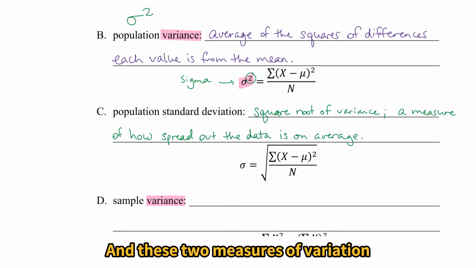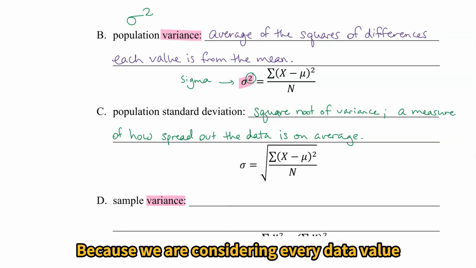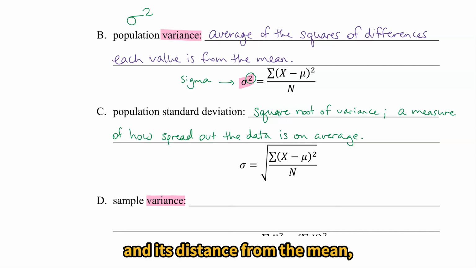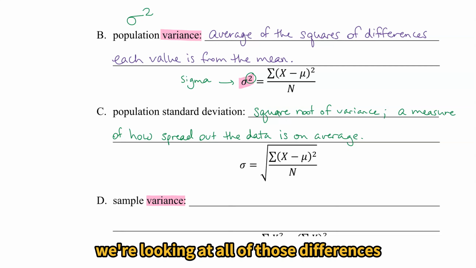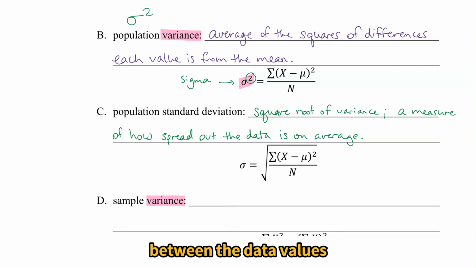And these 2 measures of variation tell us how spread out the data is on average. Because we are considering every data value and its distance from the mean, we're looking at all of those differences and finding an average difference between the data values and the means.